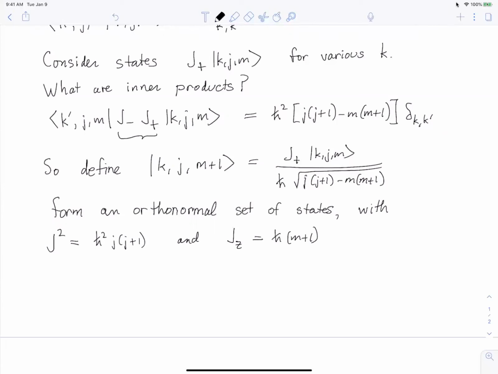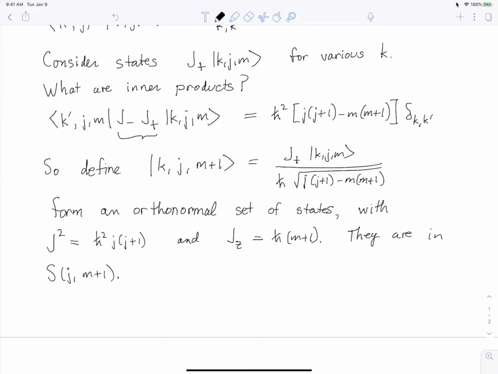And so what does that mean? That means they belong to a different subspace. They are in the subspace S_{J,M+1} instead of S_{J,M}.